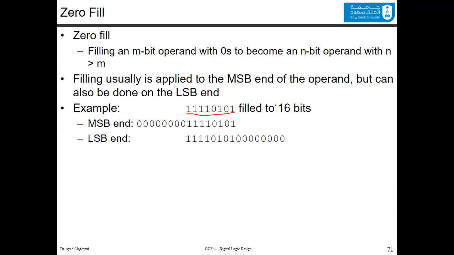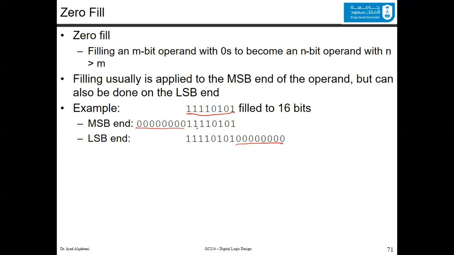You make it 16-bit if you fill the most significant bits with zeros, you generated 16-bit this way, or you fill the least significant bits with zeros to generate this 16 bits.